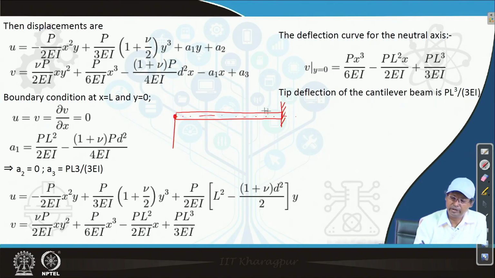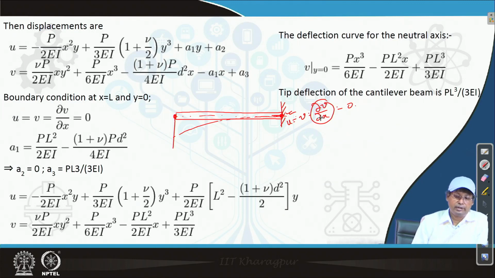At this point, x equals to L, y equals to 0, u equals to 0, v equals to 0 and del v del x equals to 0. That means the slope is also 0, because the structure is supposed to bend like this. This slope is always 0.